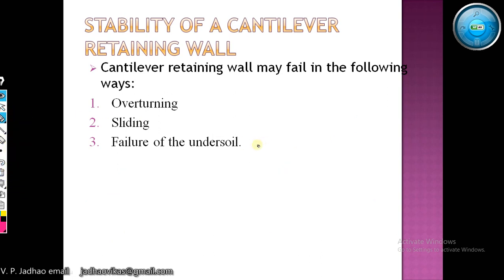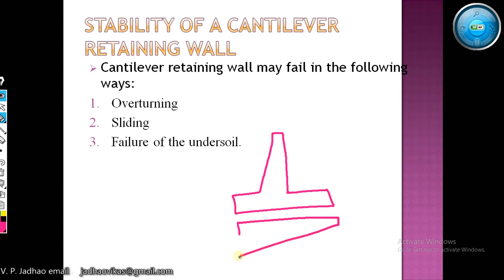And there is another way of failure of retaining wall. If this is your retaining wall, it will develop some forces on the foundation soil. Foundation soil will exert some pressure here, and if the bearing capacity of this foundation soil is less, there may be settlement of this retaining wall.